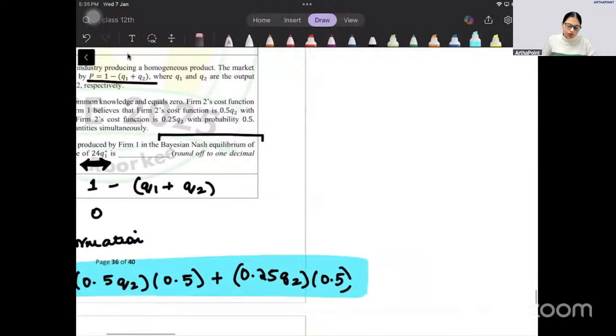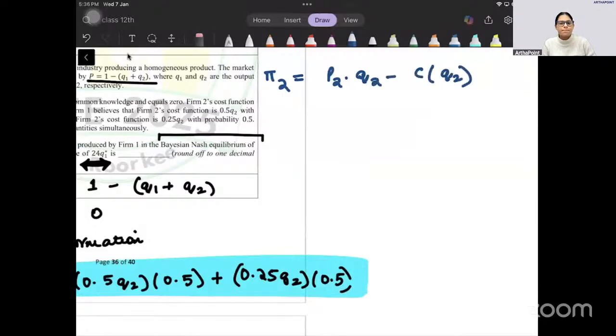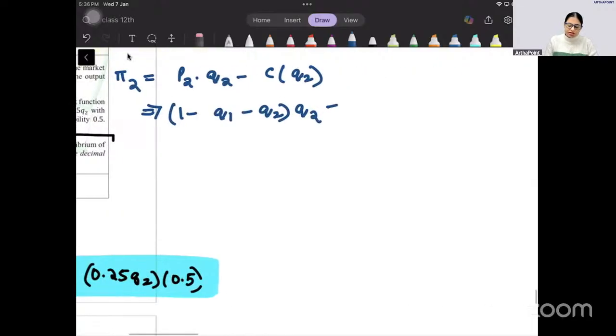So if I ask you, based on this cost function, what will be the profit function of firm 2? Price times quantity minus cost of firm 2. So price is just 1 minus Q1 minus Q2, into Q2. And cost is this.